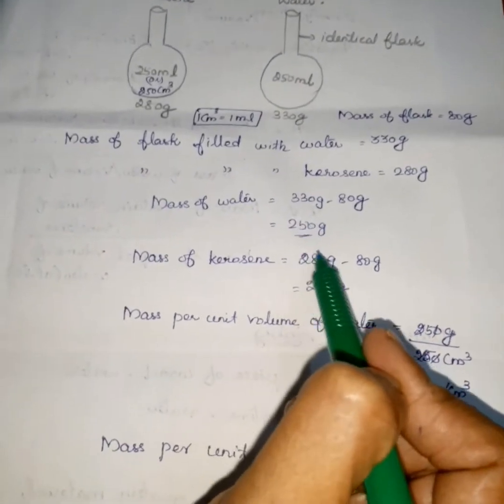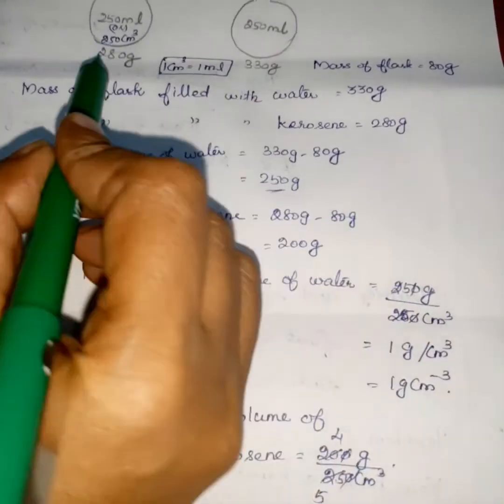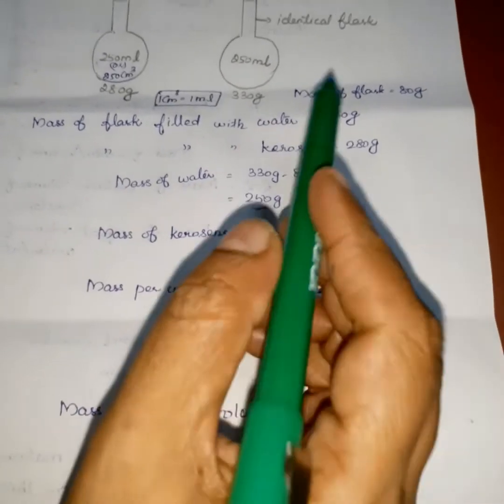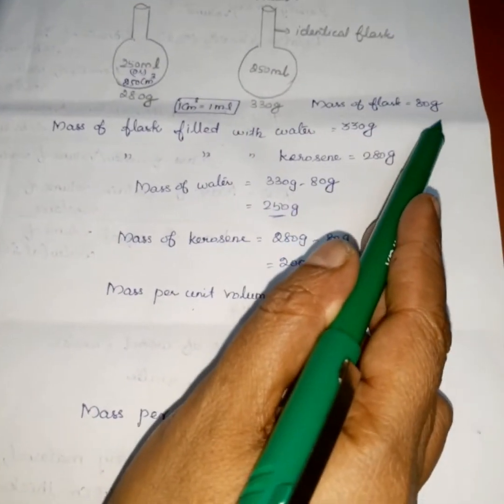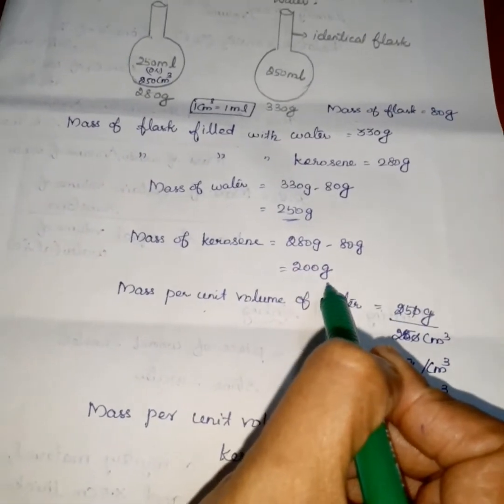Okay. Now you calculate the mass of kerosene. Mass of the kerosene is the total 280 gram minus the mass of the flask, 80 gram, so that is equal to 200 gram. Okay.